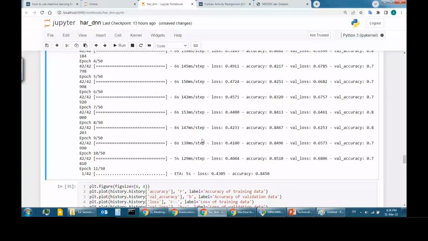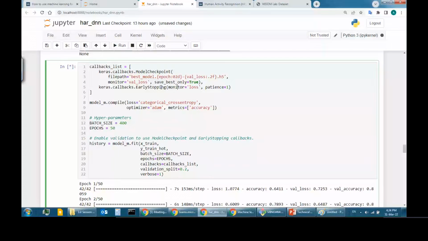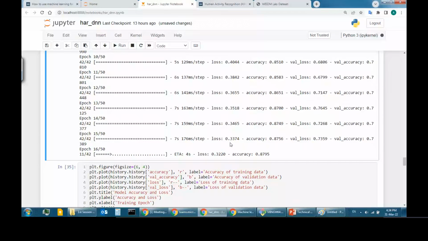This will continue until we finish 50 epochs, or until there is no improvement in the loss, because here the specification is that if the loss is not improving from one epoch to the next, you just stop. If the loss is the same from one to the next, it might stop and not continue to train until the 50 epochs.